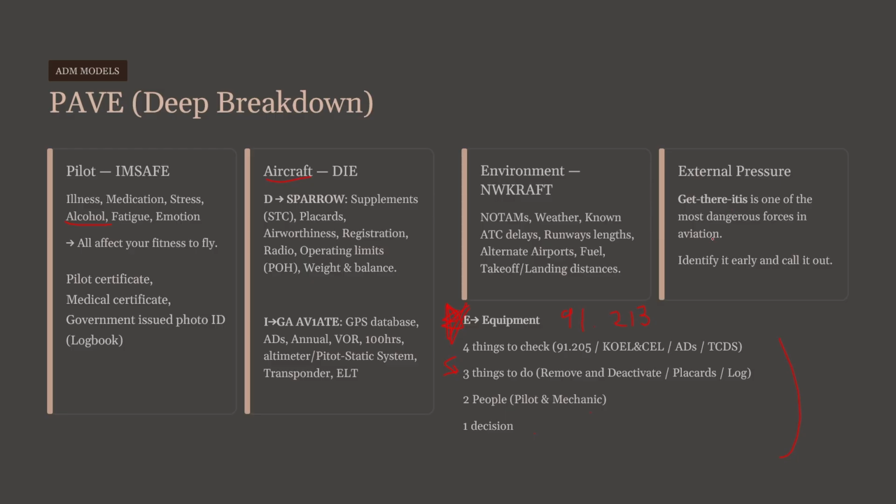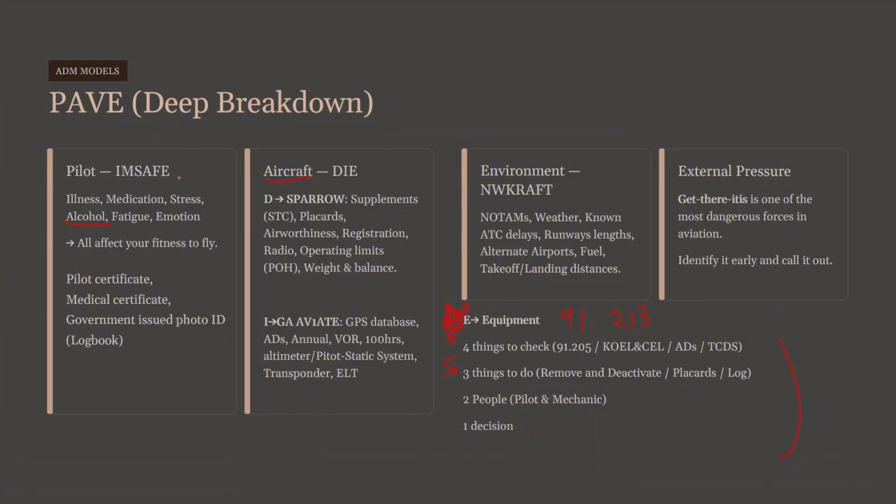The problem is that external pressure can quietly push a pilot toward a poor decision, even when they already know the safer choice. So the value of PAVE is that it forces the pilot to step back and look at the whole picture.